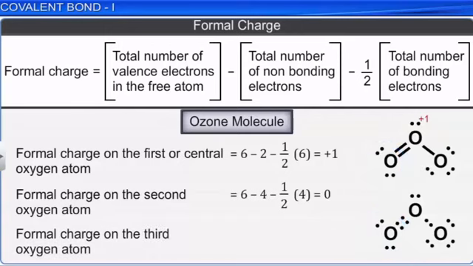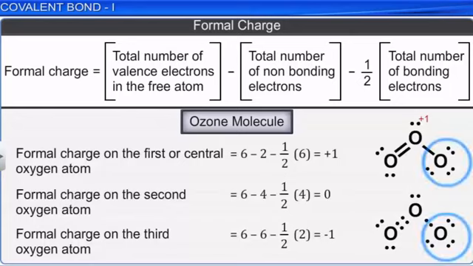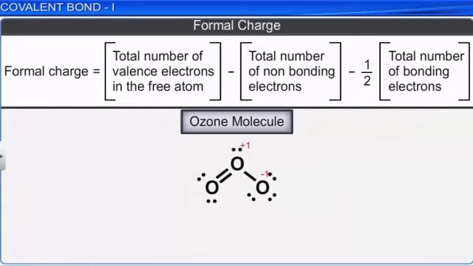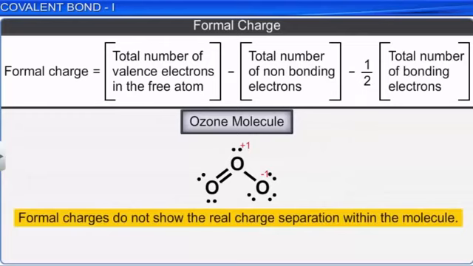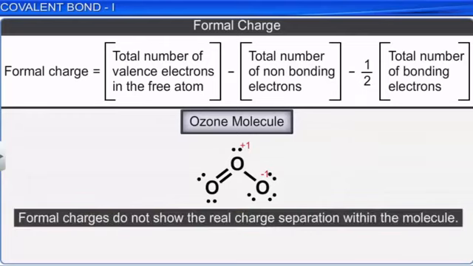The formal charge on the third or single bonded oxygen atom is 6 minus 6 minus half multiplied by 2, which is equal to minus 1. Remember that the formal charges do not show the real charge separation within the molecule. Formal charges are useful to predict the most stable structure among the possible Lewis dot structures of the compound.